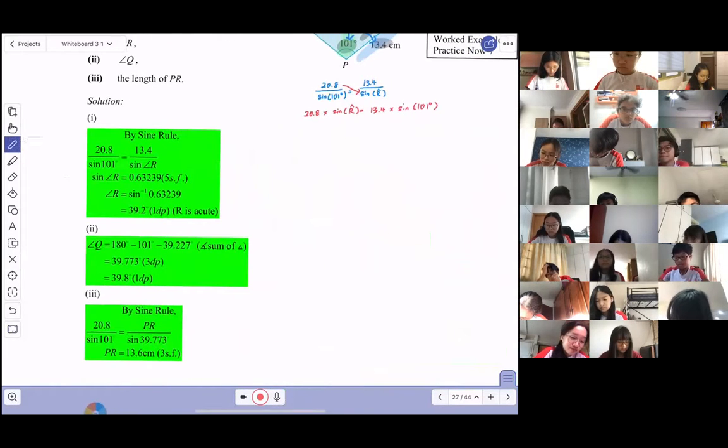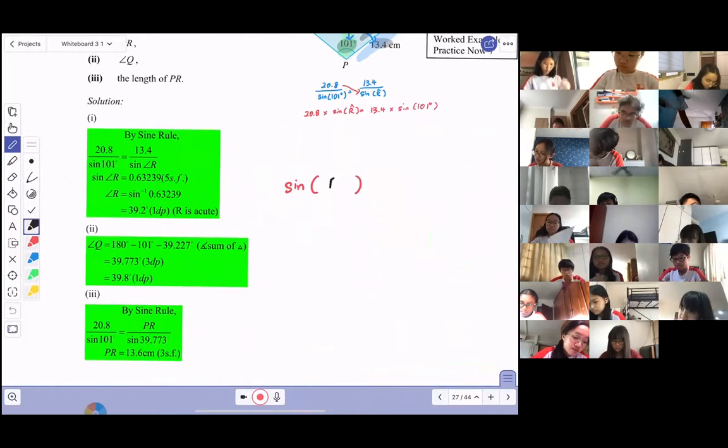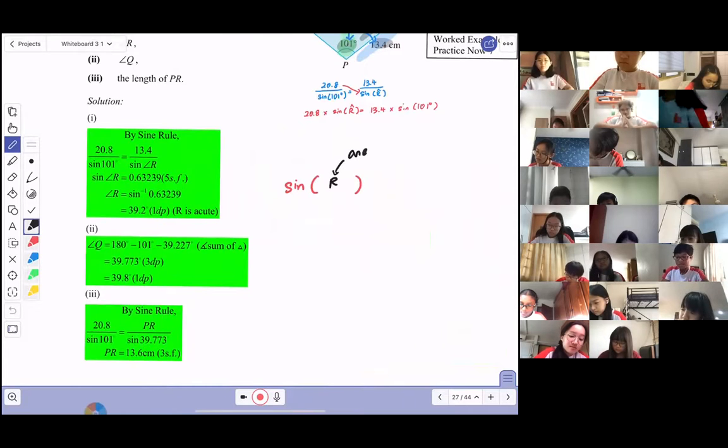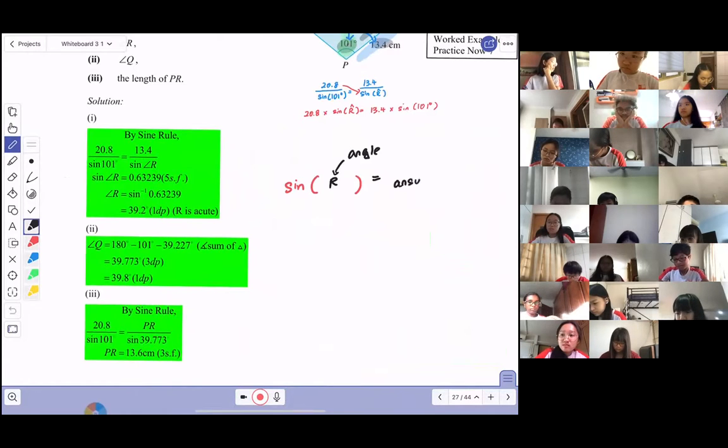If you have sine, cosine function, sine of R, where R is an angle, what it gives you is a ratio, some answer here. This answer gives you a ratio.